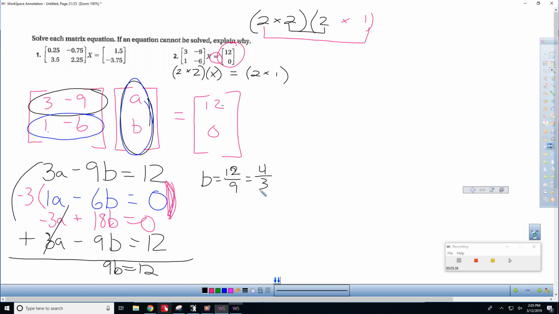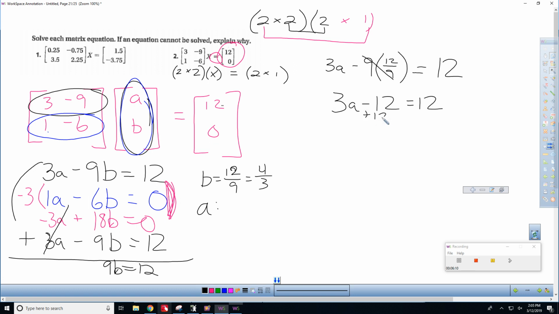All right. So, we need to find A. Well, how do we find A? We plug in our number for B. Let's plug it into the top equation. 3 times A minus 9 times 12/9 equals 12. So 3A minus 12 is 12.